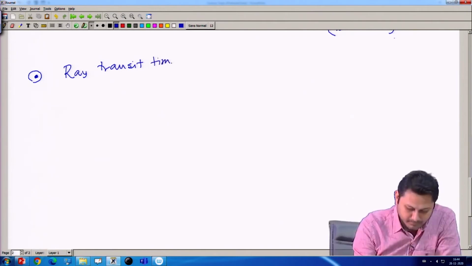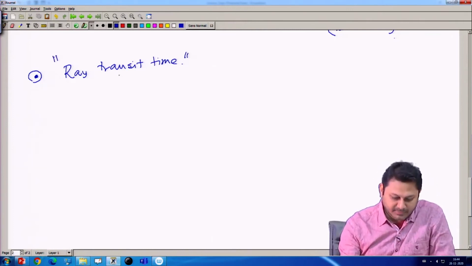Okay. So, now today we will extend our calculation to find something that is called the ray transit time. What is ray transit time?